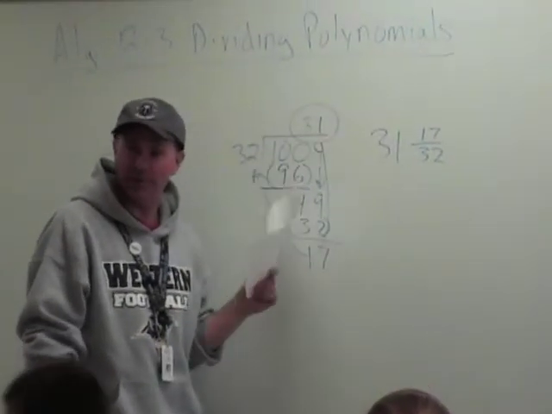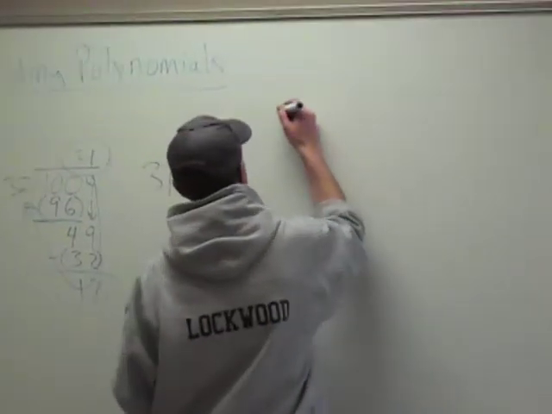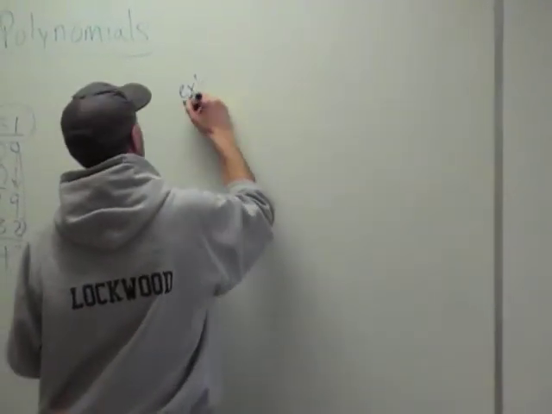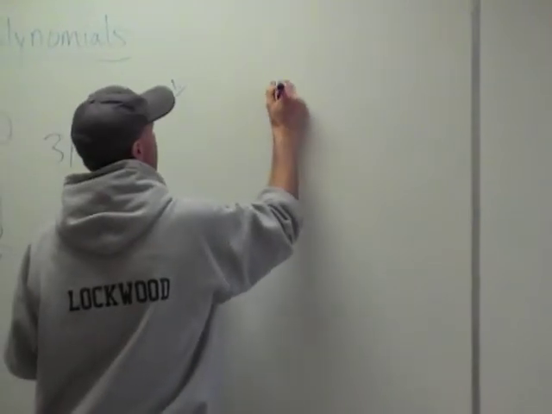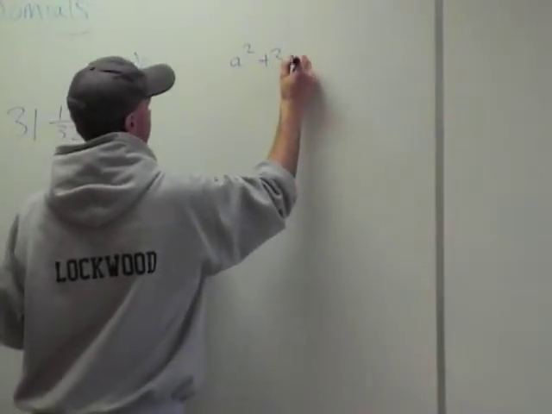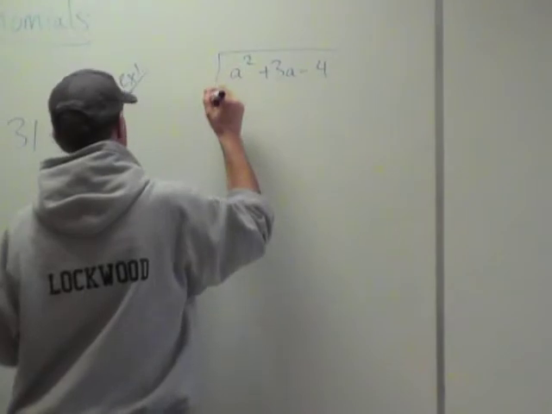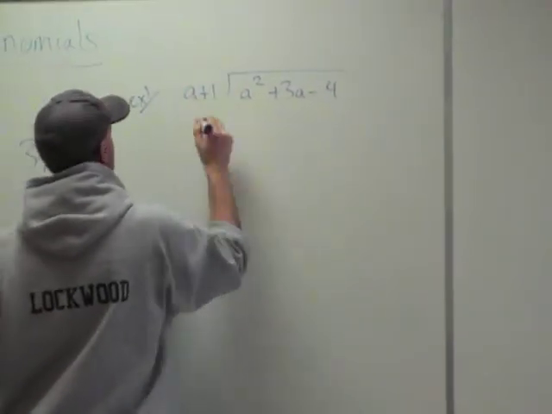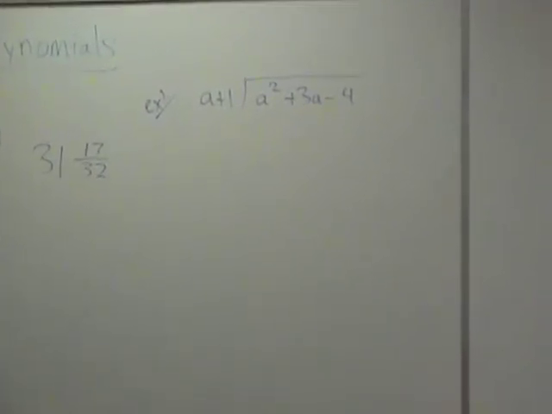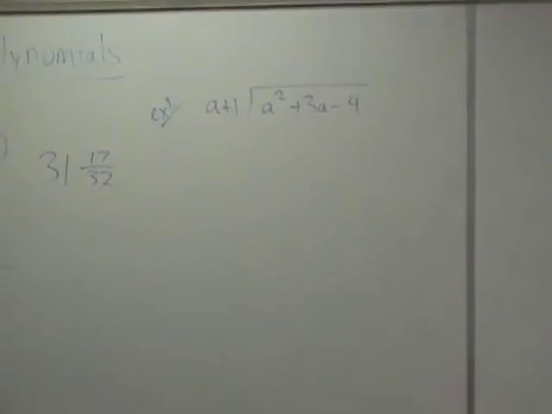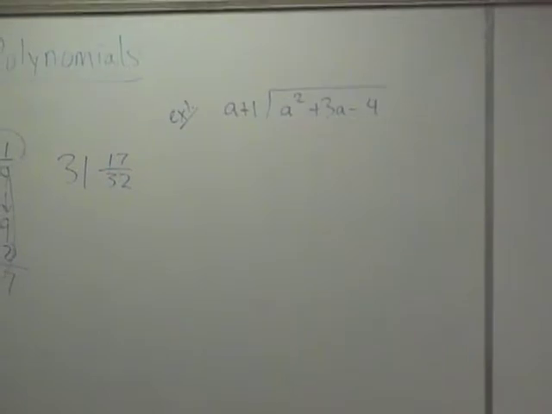Okay. All right, so look at how many steps there were. Now let's do this. Example 1. Ready? a squared plus 3a minus 4 divided by a plus 1. So let's go back to this.